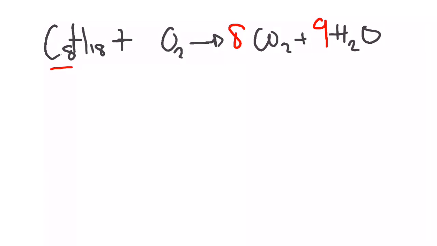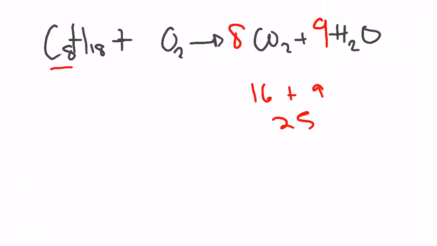So now let's look at oxygen. So first we want to look at the number of oxygen atoms on the product side. So on the product side, we have 16 plus 9, that's 25 oxygen atoms.